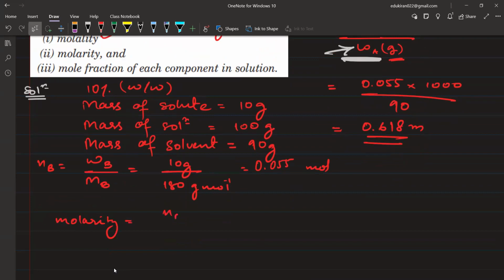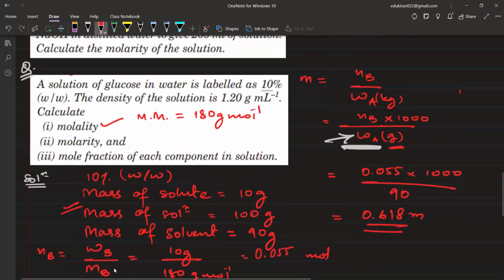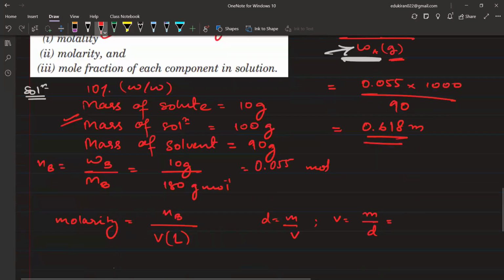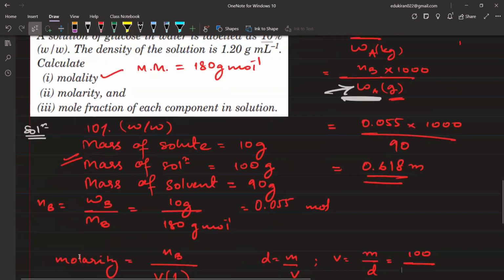Molarity will be equal to the number of moles of solute divided by the volume of solution in liters. But we don't have the volume of solution, we have the mass of solution. But we know that density is equal to mass upon volume, and that is why volume will be equal to mass upon density. So mass is equal to how much? Mass is given as 100 grams of this solution divided by density, which is 1.2 grams per ml.